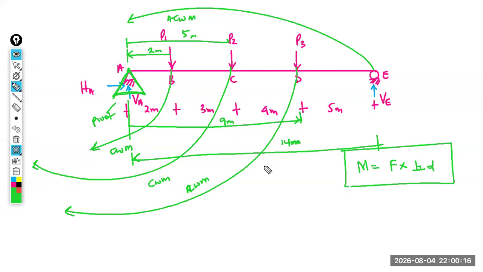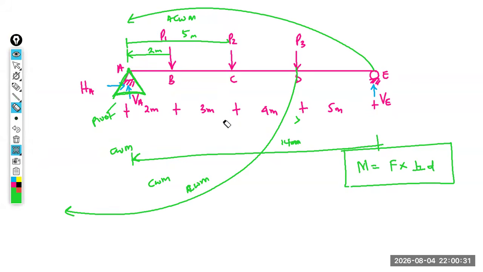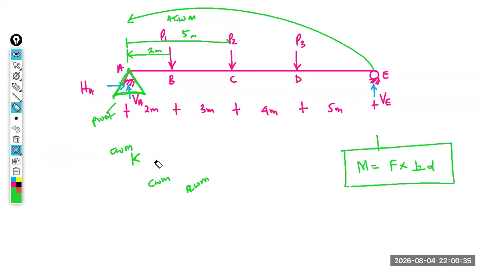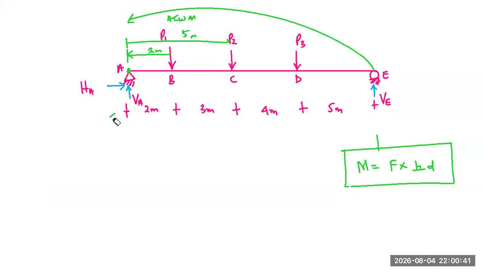Now, if you move the pivot, then the moment will also begin to change. Okay? We used point A as a pivot. So let's see what happens if now we decide to use another one.